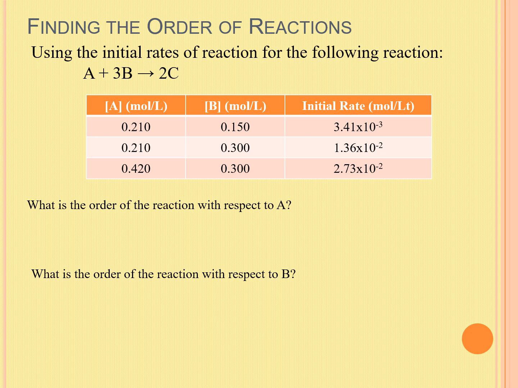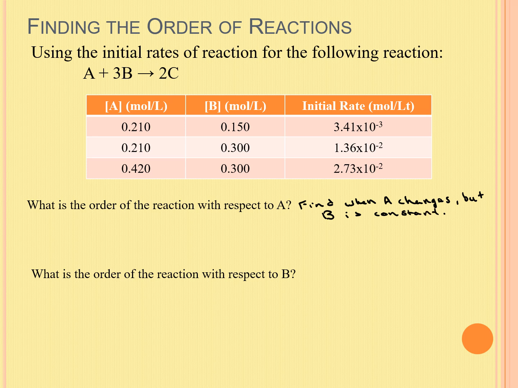So it says, first off, what is the order of the reaction with respect to A? All right, so what we want to do is we are going to find when A changes, but B is constant.